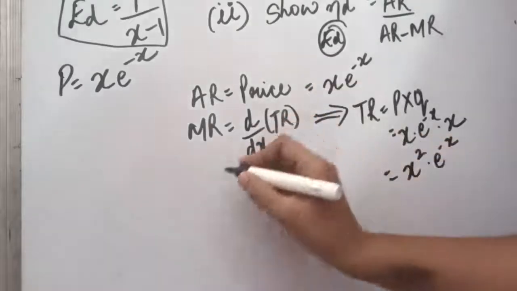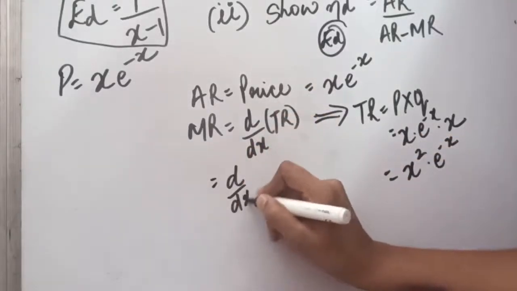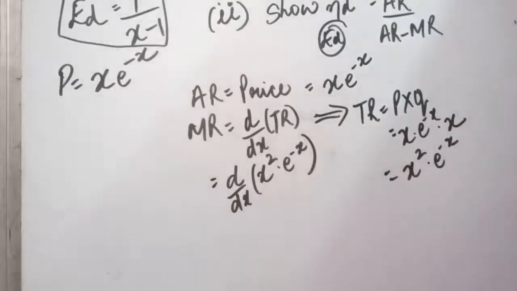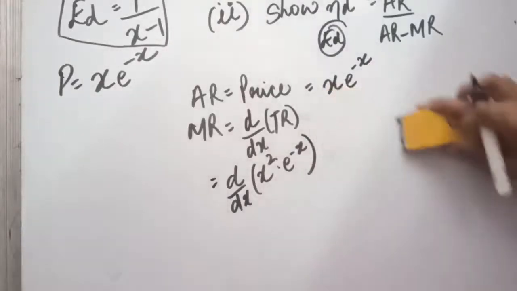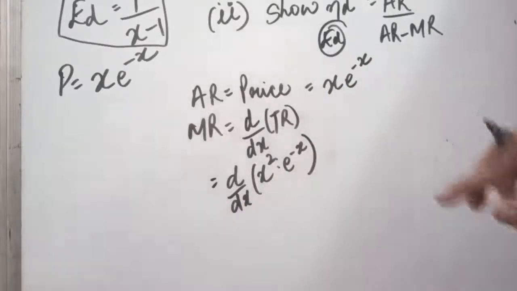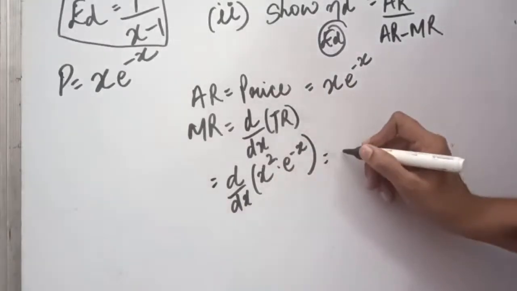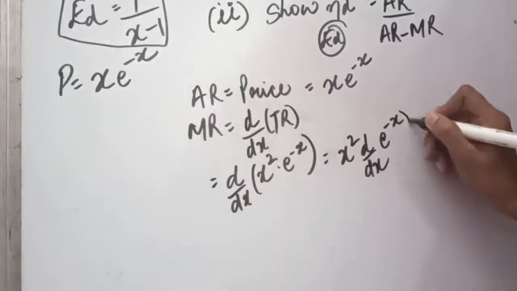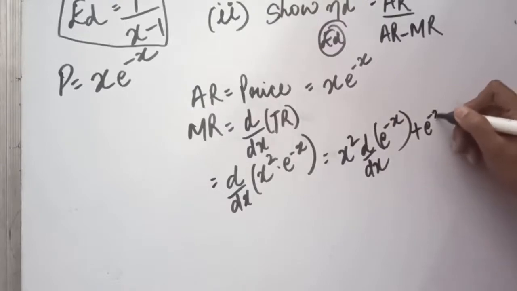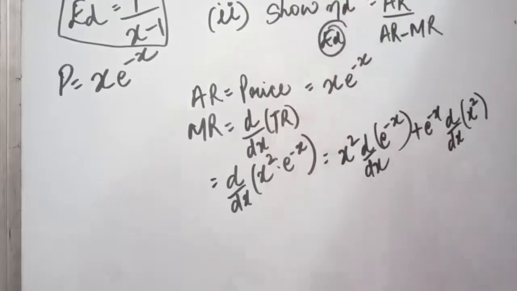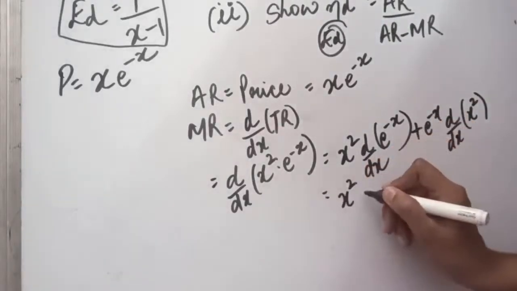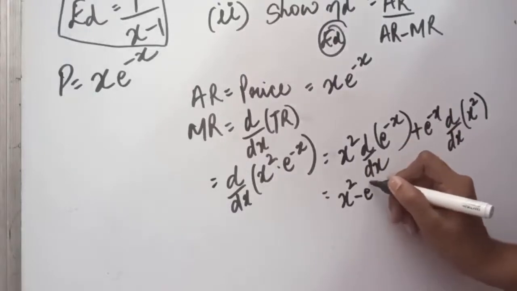Now filling this value in the derivative. So d upon dx of total revenue is x square e raised to power minus x. Now you all know that in this case, when the derivative is taken, again the product rule is applied. So x square, derivative of e raised to power minus x, plus e raised to power minus x and derivative of x square. So x square, e raised to power minus x derivative will be minus e raised to power minus x.